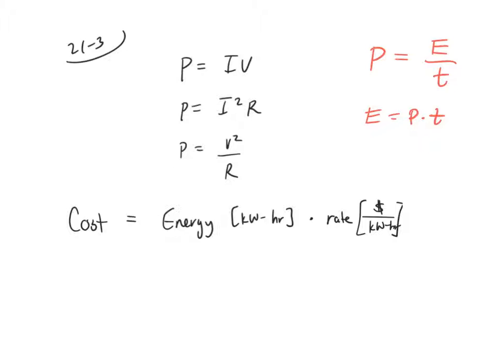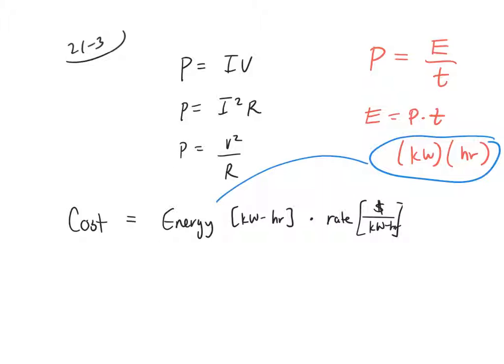Just rearrange it to solve for energy, then use power times time. The key to remember here is that your power has to be in kilowatts, and your time has to be in hours. Once you calculate the energy that your apartment, house, whatever uses, you can then multiply it by the rate I give you in the problem to find the total cost, and that cost will be in dollars: kilowatt hours times dollars per kilowatt hour.